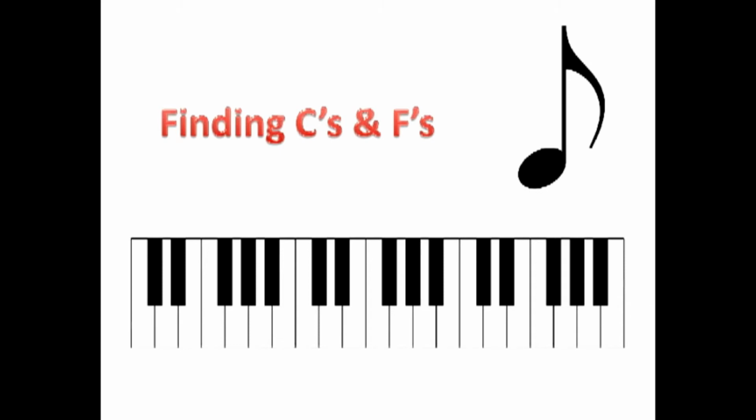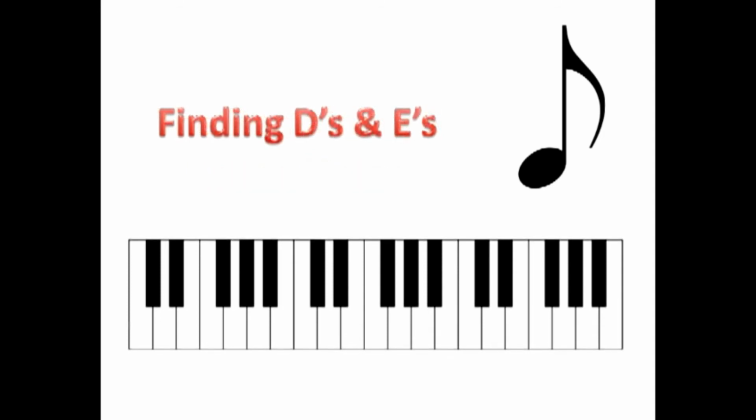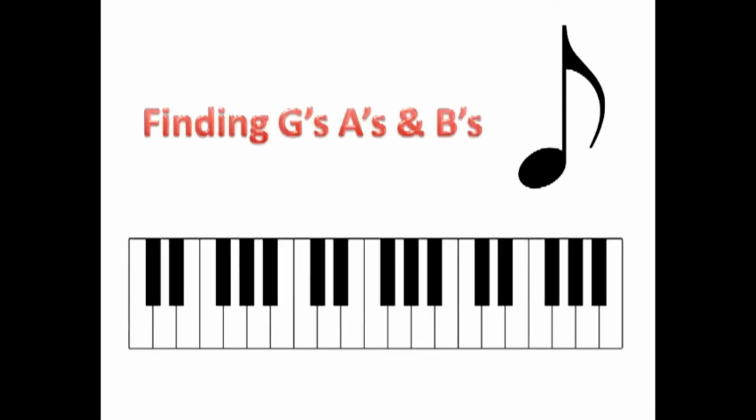Once you have that under your belt, all you need to do is familiarize yourself with the other 5 letter note names that are left, and all of the sharps and flats, which are covered in just a moment. Just like the alphabet, D and E are between C and F, so that's a really simple way to identify those two notes.